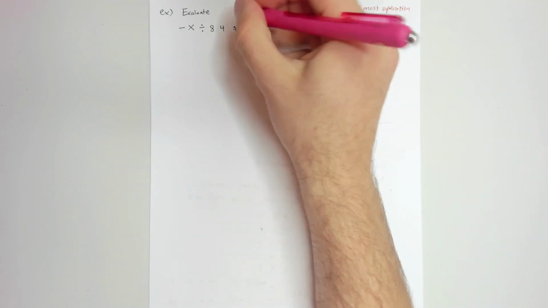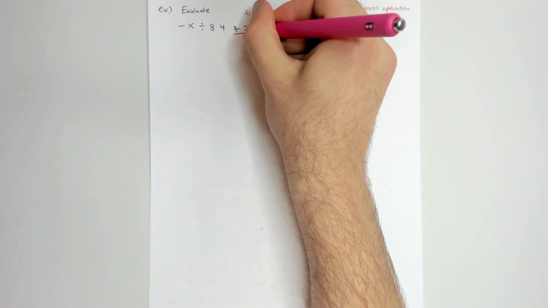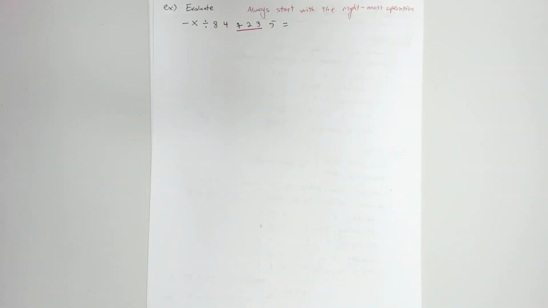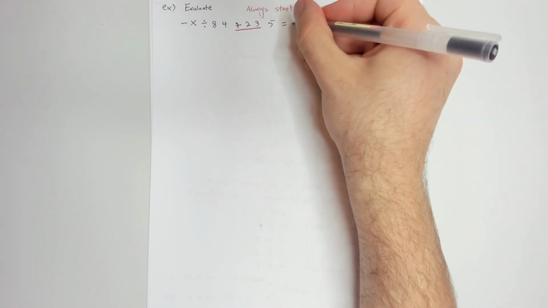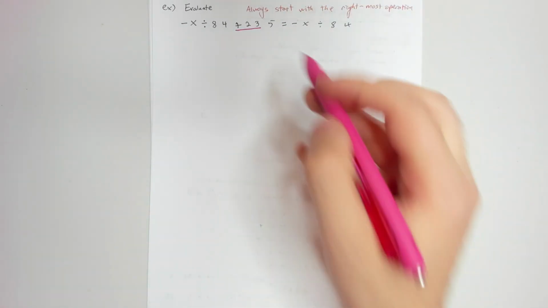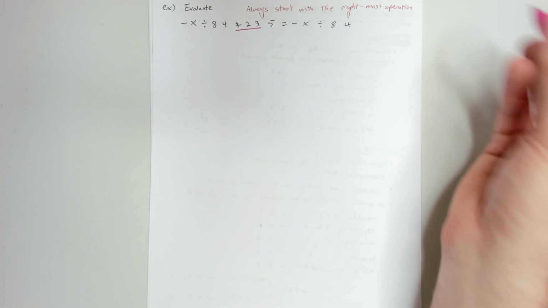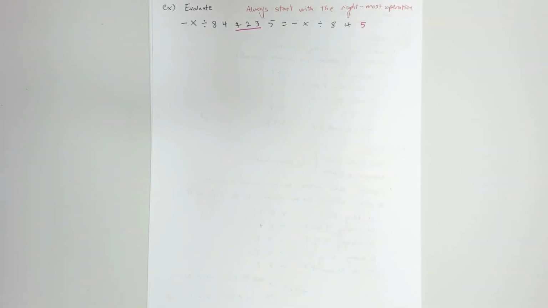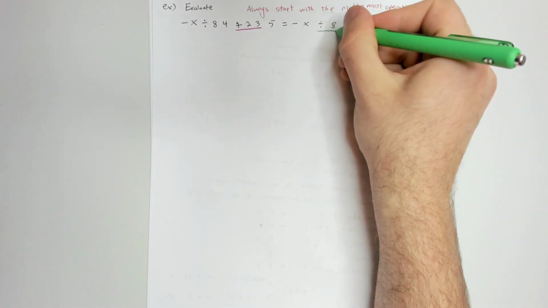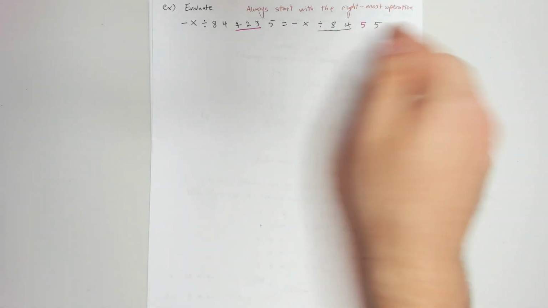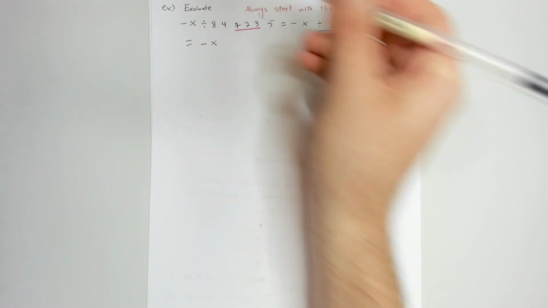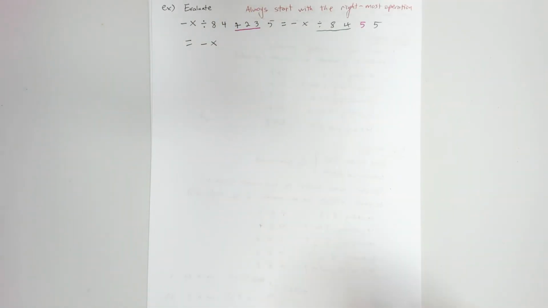Starting with the plus, it only affects the two numbers to the right of it, this 2 and this 3. If we write everything else out, we just replace this plus 2, 3 with what it results in, which is 5, right? Okay, great. Now we move on to the next operation, which is the division. We're going to be looking at 8 divided by 4, because this division is affecting the 8 and the 4. And 8 divided by 4, we know that is 2.